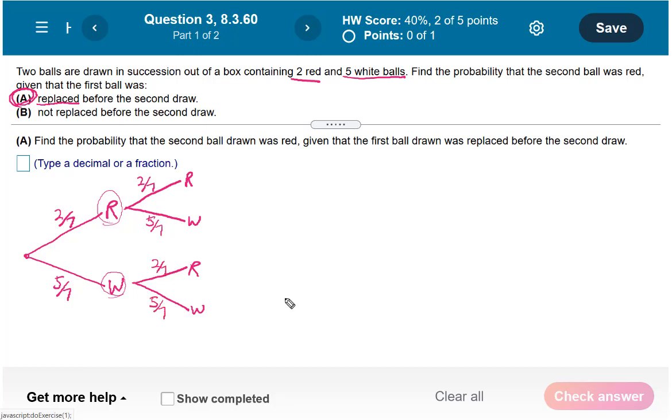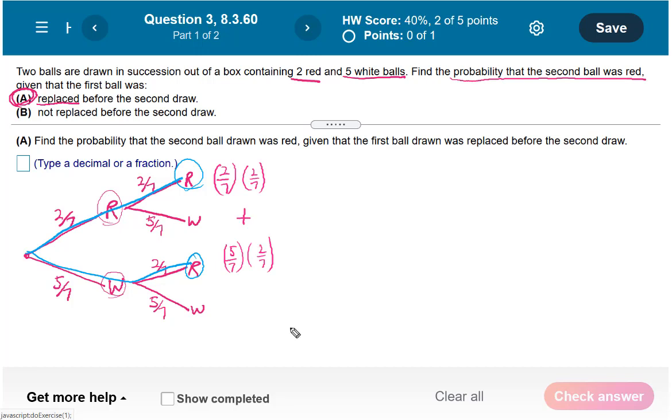So there's our tree diagram for part A. Now we want to know the probability that the second ball was red. So the branches that correspond to the second ball being red would be the top one and the third one. So we'll multiply along the branches and add those together.